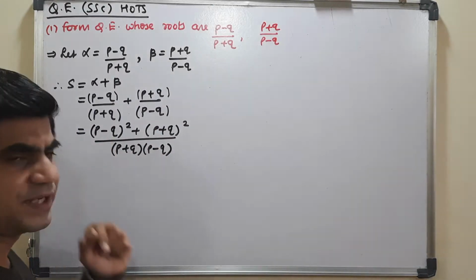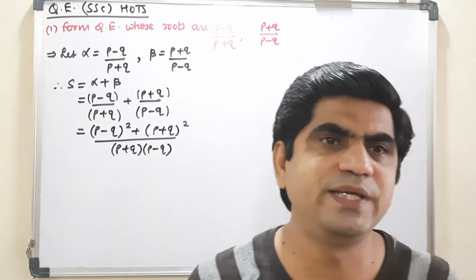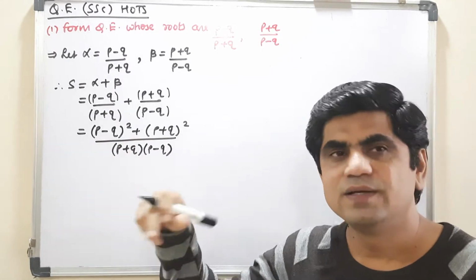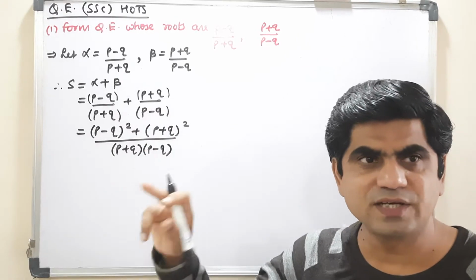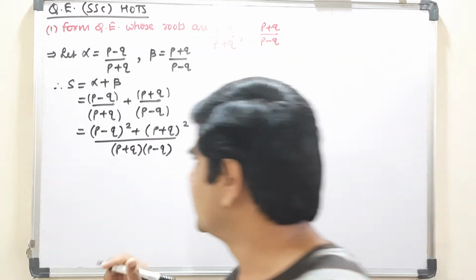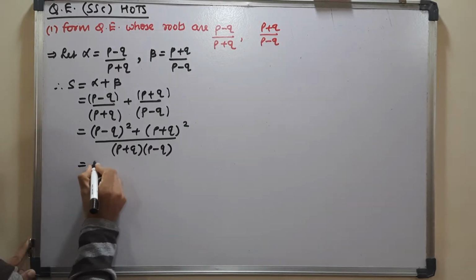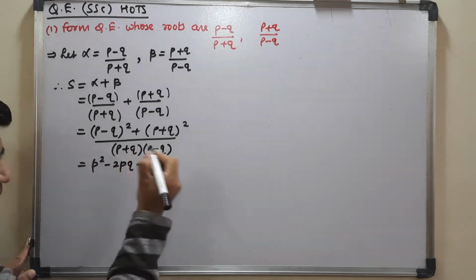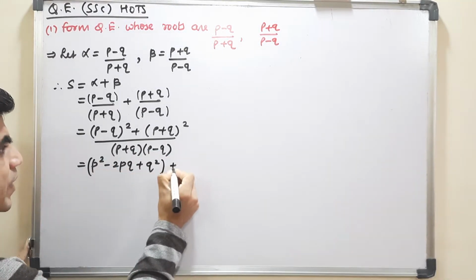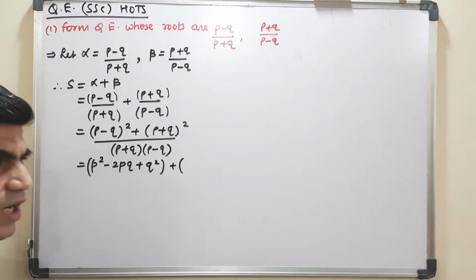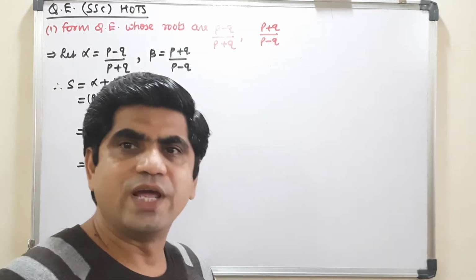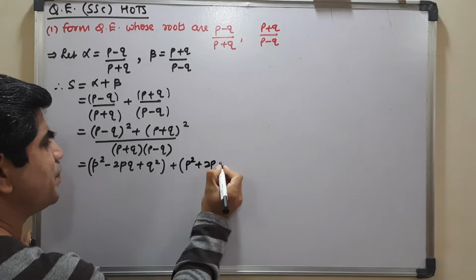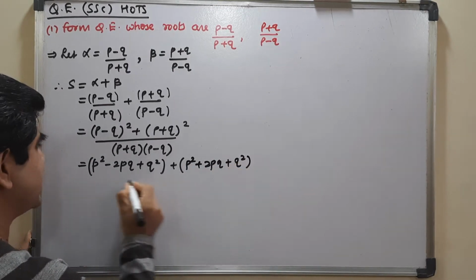When I go to the expansion of this, it is the a minus b the whole square formula. So a minus b the whole square is a square minus 2ab plus b square. That is equal to p square minus 2pq plus q square. Better I will put a bracket. Plus same here, only it is a square plus 2ab plus b square, that is p square plus 2pq plus q square.